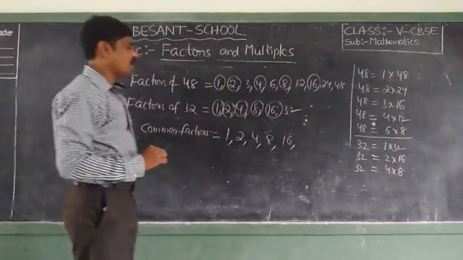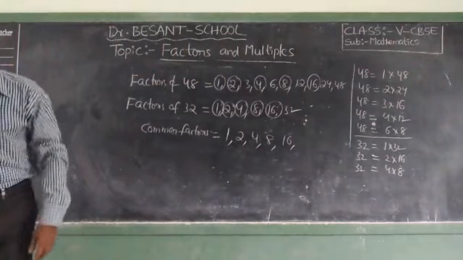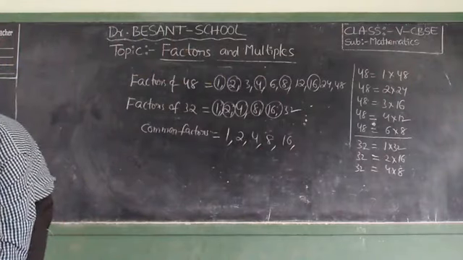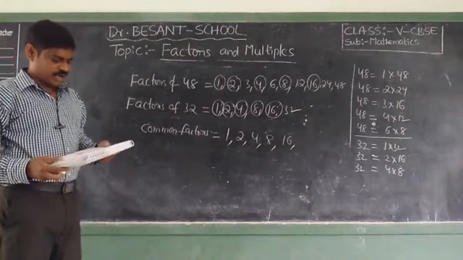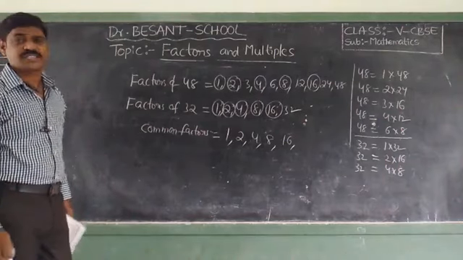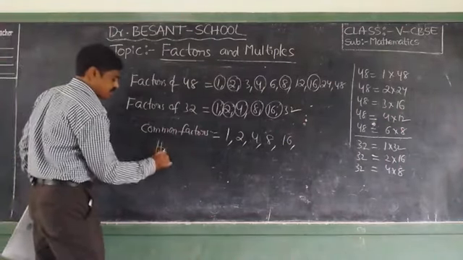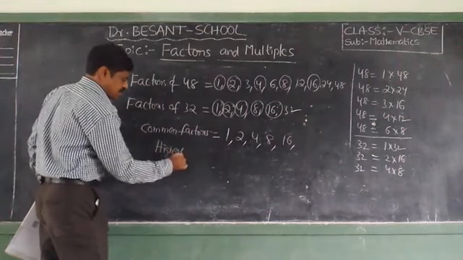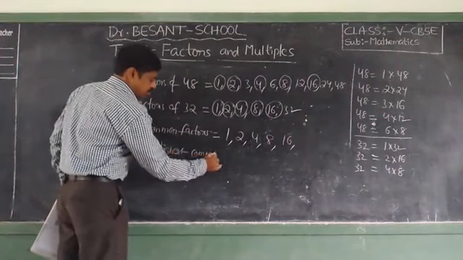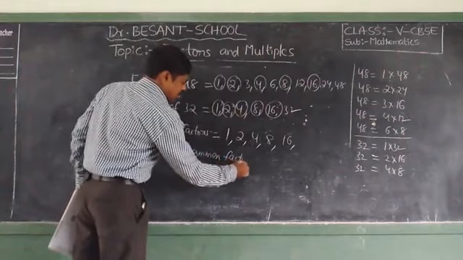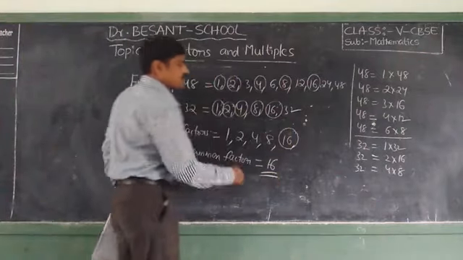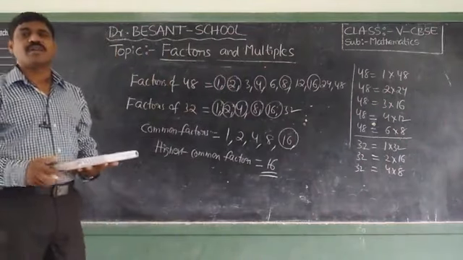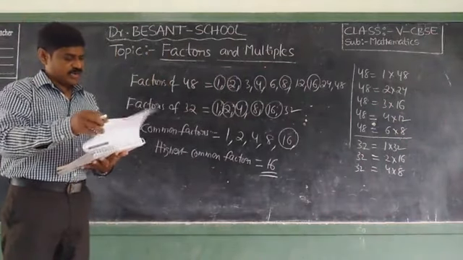So these are the common factors. So circle the greatest factor that is common to both of them. So what is the highest common factor? 16 is the highest common factor. Okay children, next.